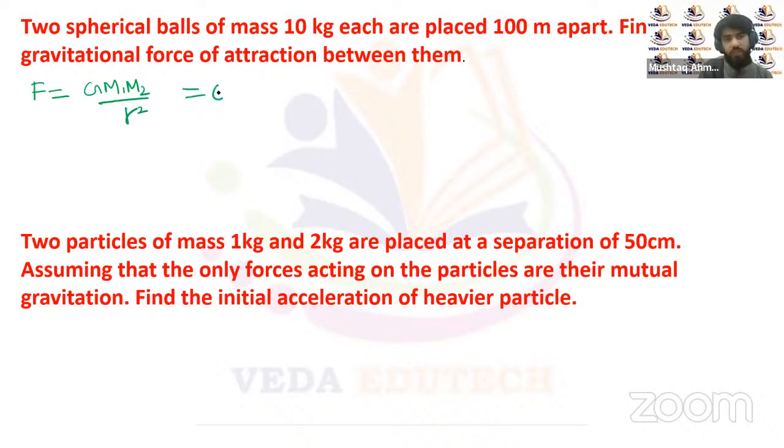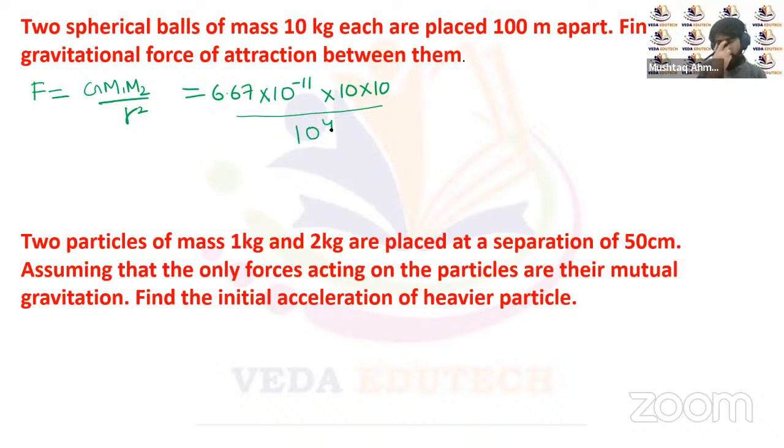The value of G is 6.67 multiplied by 10 to the power minus 11, and m1 is 10, m2 is 10, upon r square, that's 100 square, or we can write that as 10 to the power 4.